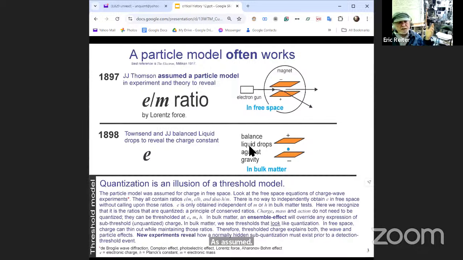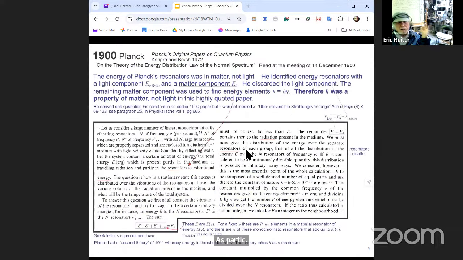It sort of set the stage for seeing everything as particles. It's important to understand that in Planck's famous 1900 paper on the equation for the black body distribution, Planck used his constant times frequency as an energy in matter, not light.